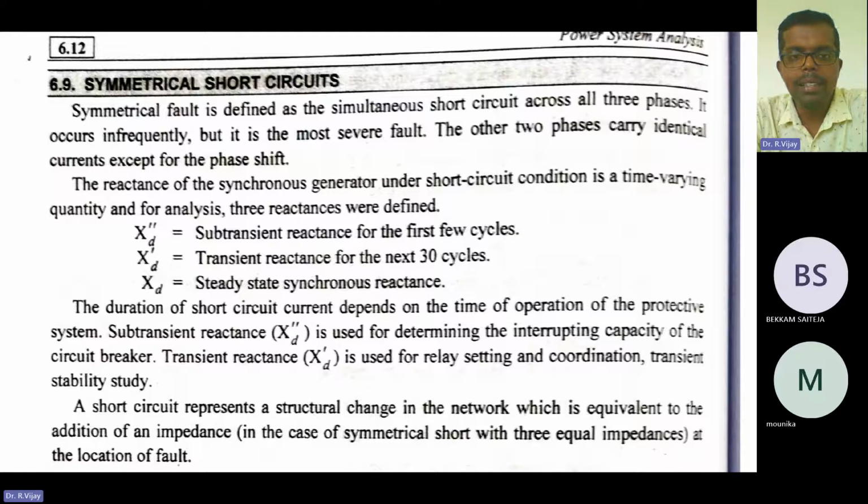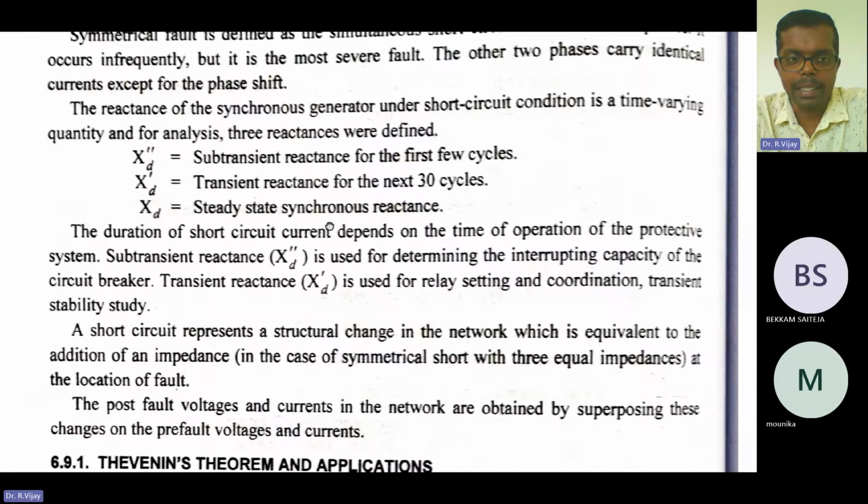For analysis, we have taken these three quantities, that is Xd', Xd''. First, Xd'' is nothing but the subtransient reactance for the first few cycles. Next, Xd' is nothing but the transient reactance for the next 30 cycles. And Xd is nothing but the steady state synchronous reactance.